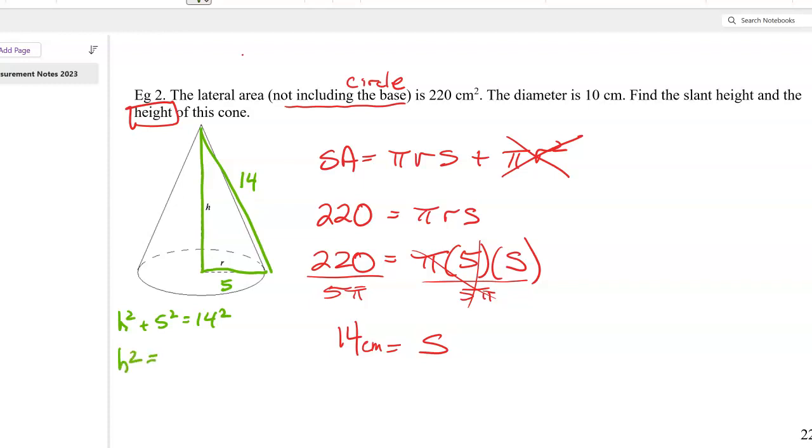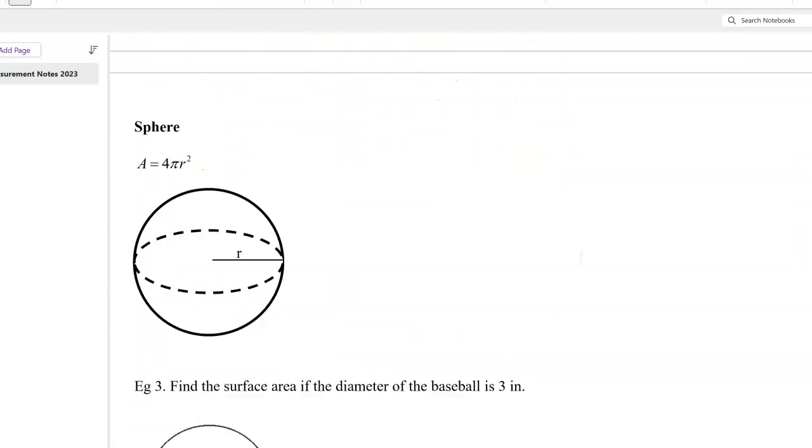So height squared is going to be 14 squared minus 5 squared. So the height squared turns out to be 171, and so the height turns out to be 13.1. If in doubt, 1 decimal is good. When you get a little further, we're going to be more precise and use more decimals, but for grade 10, this is good.